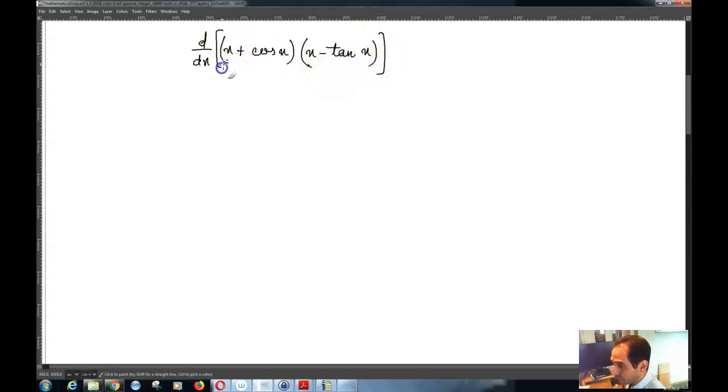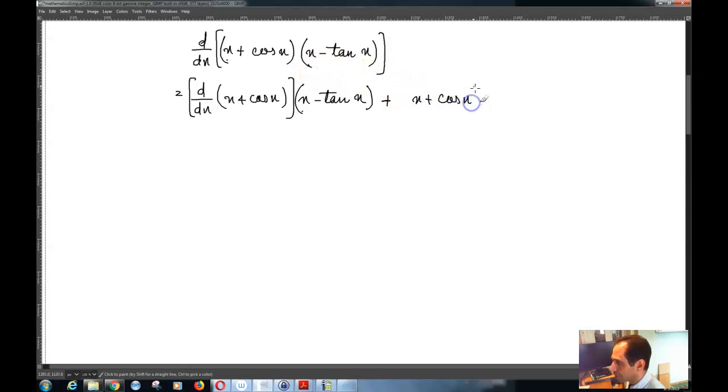So again, you can write this as d by dx of x plus cos x times x minus tan x plus x plus cos x times d by dx of x minus tan x.